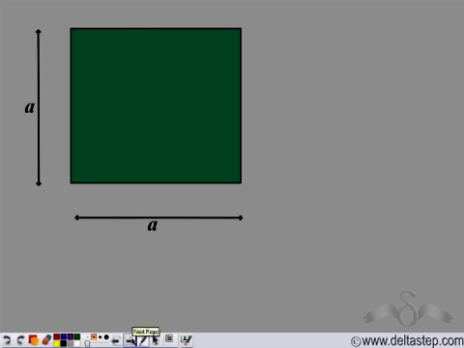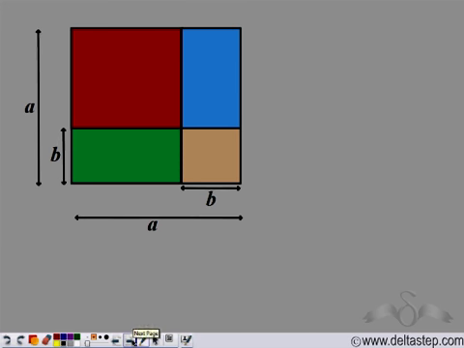Now let us prove this identity also geometrically. We have a square of side A. We take a point here such that this length is b. We take a point here such that this length is also b, and we divide it in 4 parts. So this is what we have.